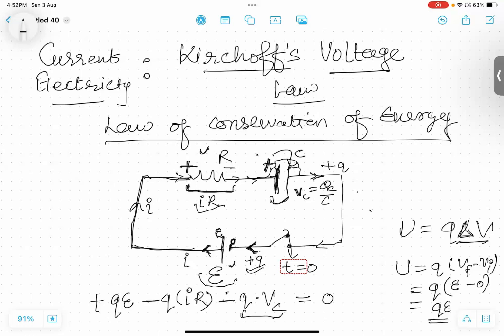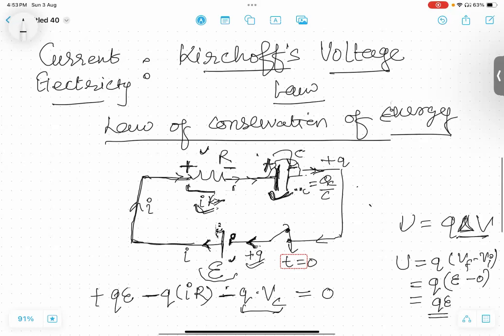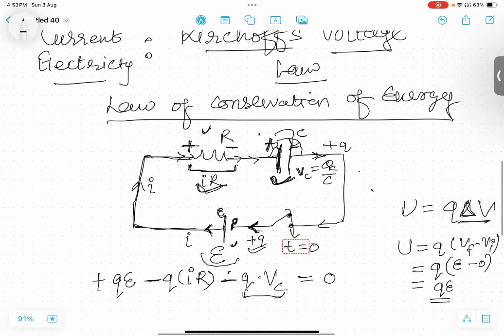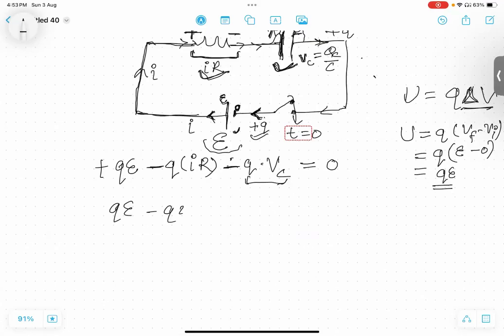So it's all about where the charge is getting the energy and where the charge is dissipating the energy, or where the charge is contributing the energy. So it got energy from somewhere, it has contributed in heat energy of the resistor and electrostatic energy storage of the capacitor. So we have gotten a statement which is QE minus QIR minus Q into Vc.